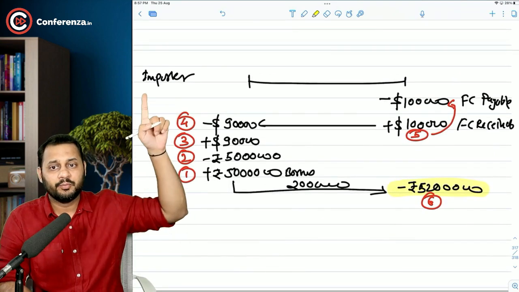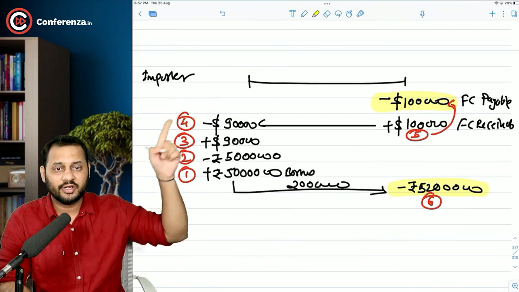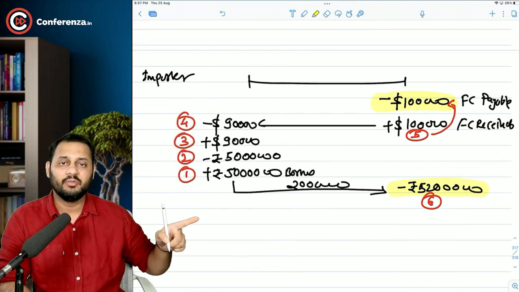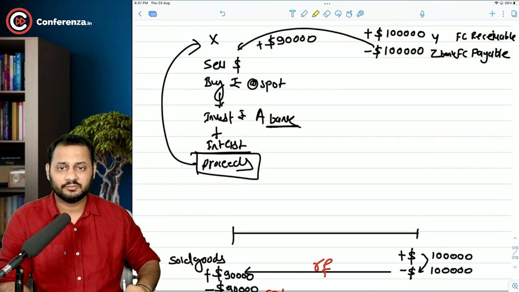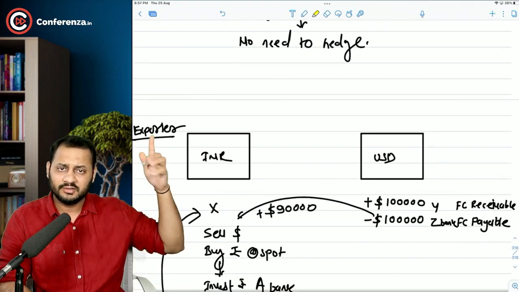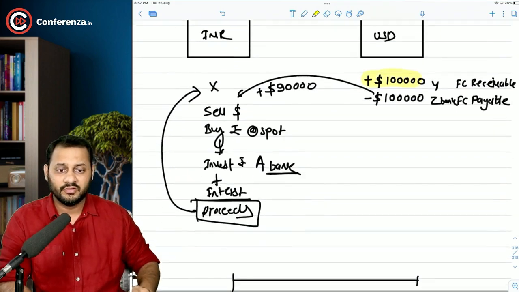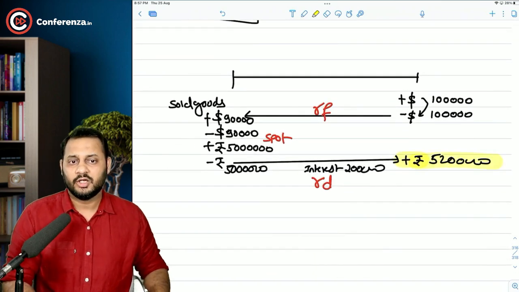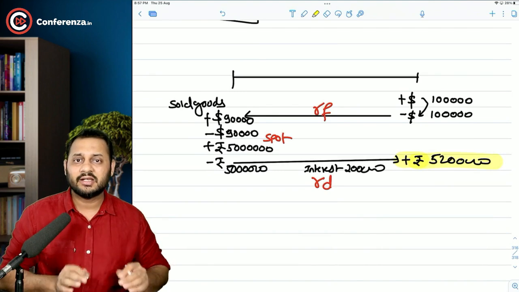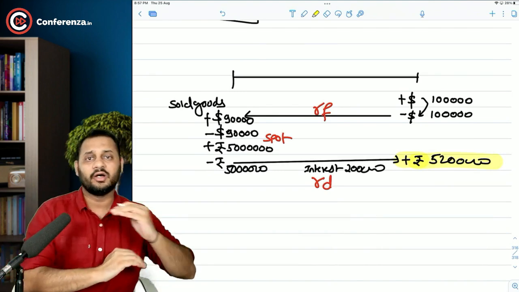See, if we are importer, there will be a cash outflow, but instead of a cash outflow in dollars, we will be paying only in rupees. And in this case, since we are exporter, there is a receivable. We will receive, but instead of receiving in dollars, we will receive in terms of rupees. So we are creating a situation in such a manner that there is no cash outflow or inflow from one country to another country.